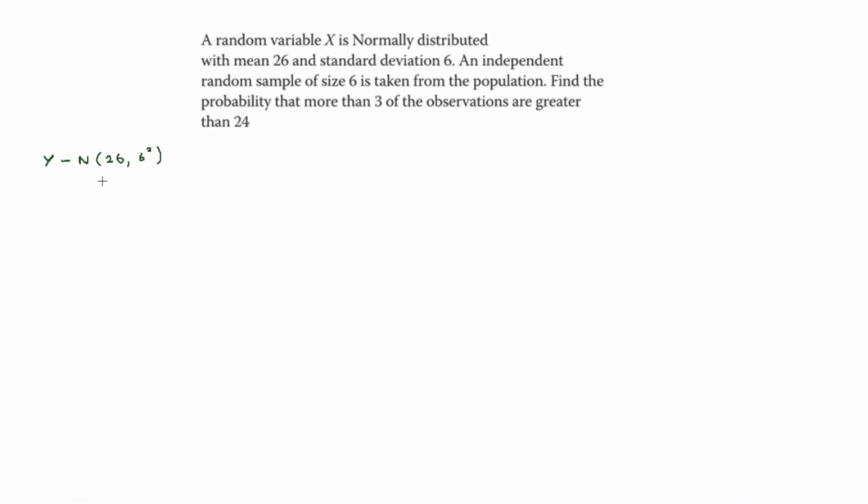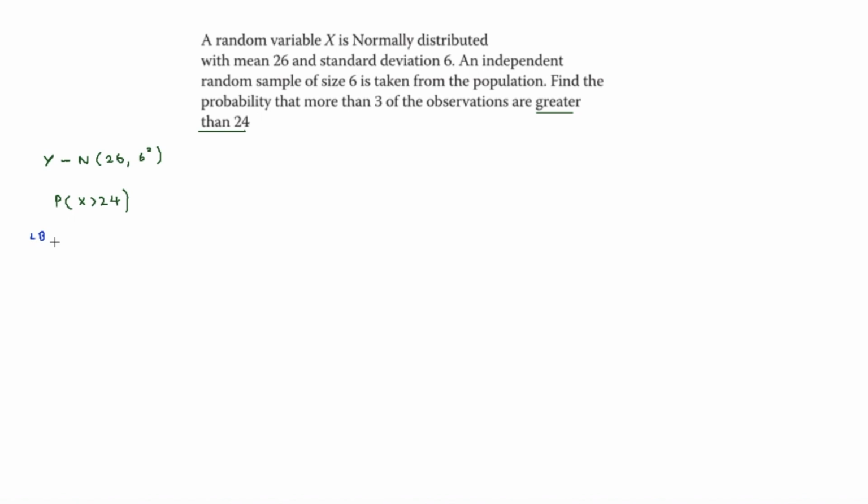And then what we're going to have to do is find the probability that x is greater than 24. Now we're doing this so that we can find the probability for the binomial distribution. It says to find the probability that more than 3 of the observations are greater than 24. So that's why we need to find the probability that it is greater than 24.